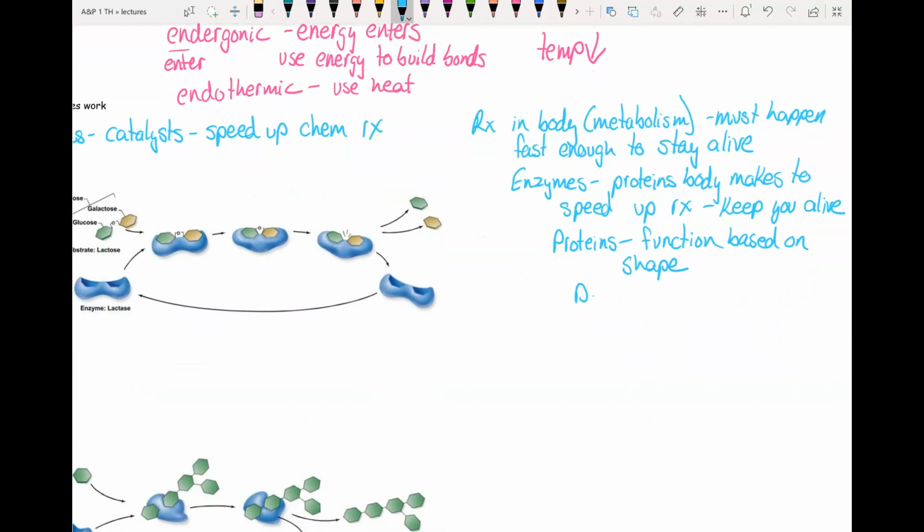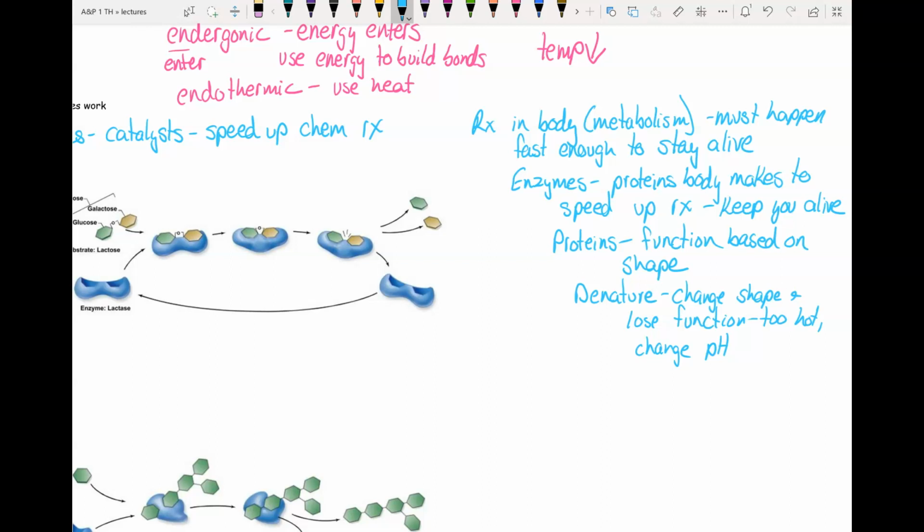And remember, proteins can denature, which means change their shape and lose their function. If they get too hot, or if you change the pH.